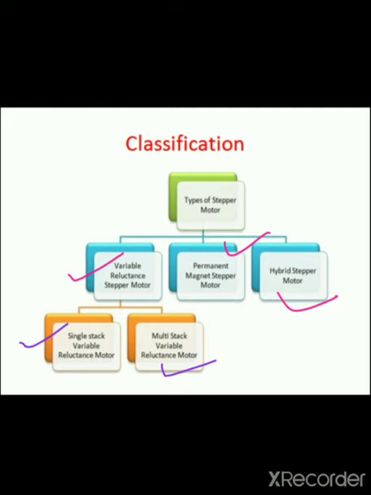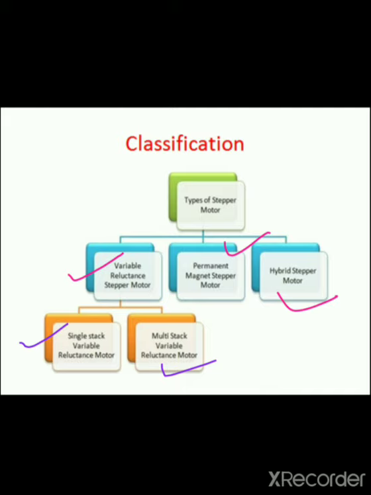So here are three types of stepping motor based on the rotor arrangements. First, variable reluctance stepper motor. It is divided into two types, known as single stack variable reluctance motor and multi-stack variable reluctance motor.